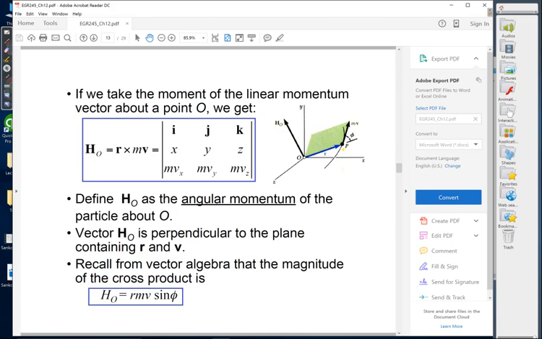This says, if I have an object, okay, let me bring up my pen. If I've got an object that's moving, that's got some mass and it's moving with some velocity, then it's got a linear momentum, mv. Right, L equals mv.